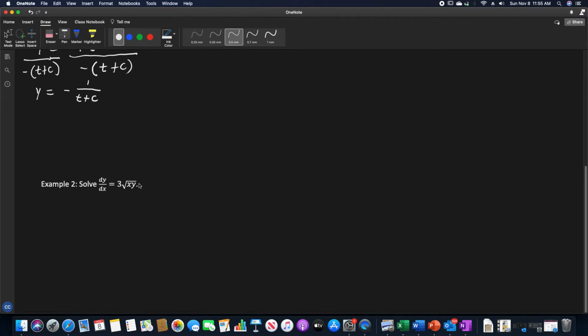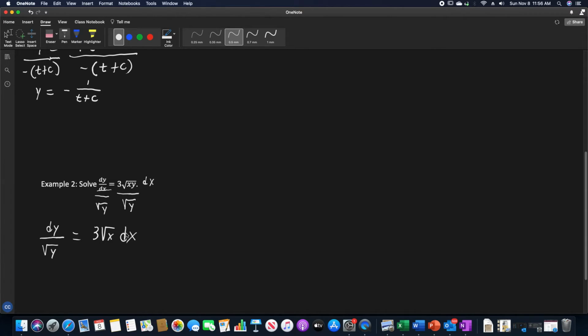And to do that, we're going to divide by the square root of y on both sides and move this dx over to the right and cancel it out from here. So we are going to get dy over the square root of y is equal to 3 times the square root of x dx.